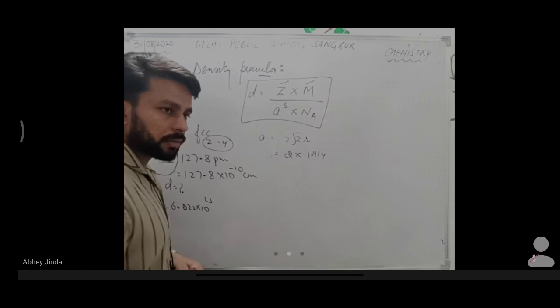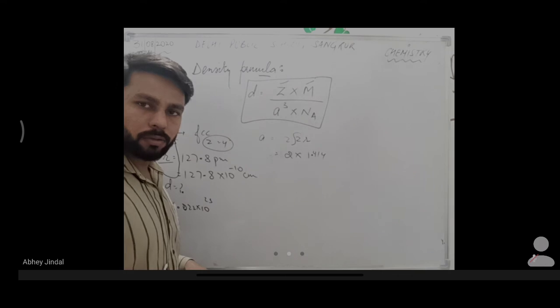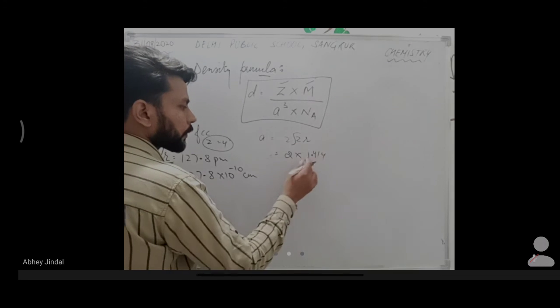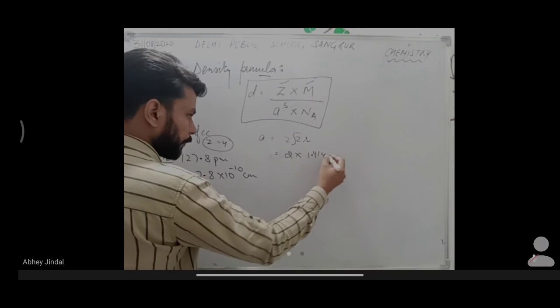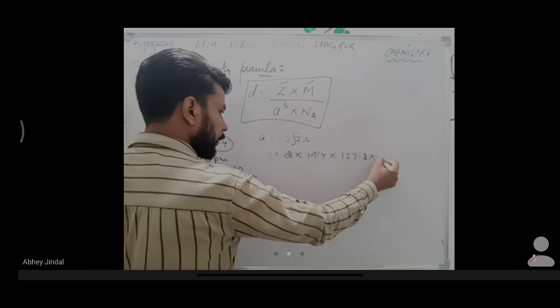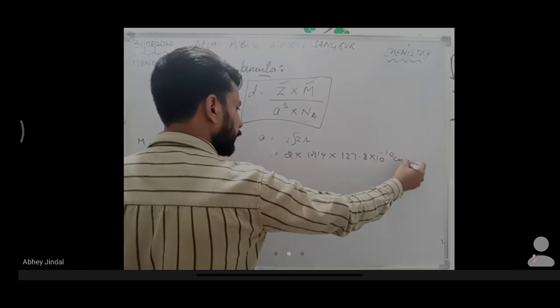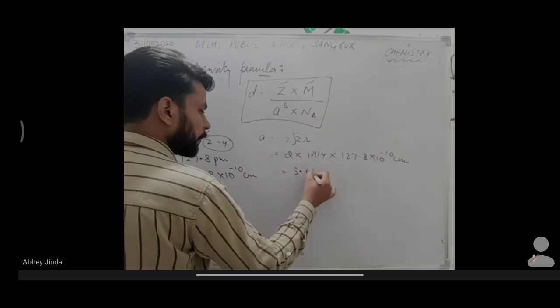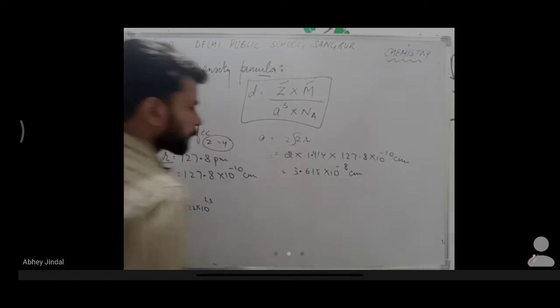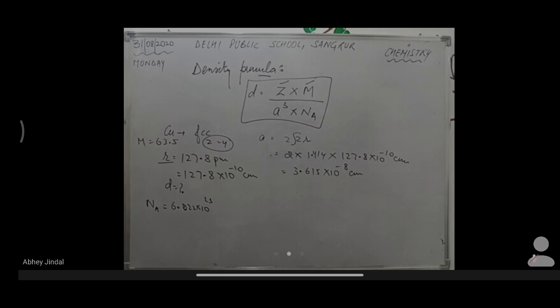You have to remember the values of under root 2, under root 3, under root 5, okay, under root 7 also, so prime numbers mostly. So 2 into 1.414 into R, which is 127.8 into 10 raised to power minus 10 centimeters. Okay, and this comes out to be 3.615 into 10 raised to power minus 8 centimeters. So this is the value of A, that is the edge length.